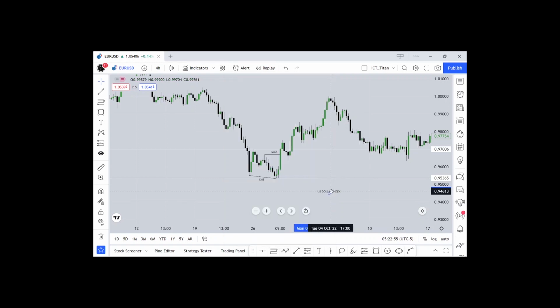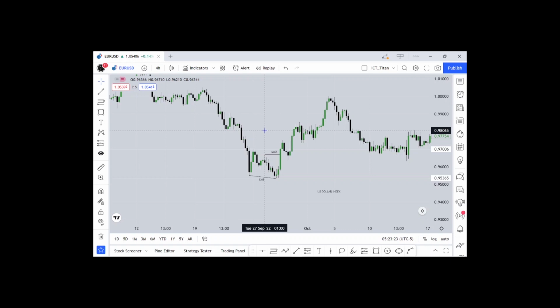And for a confirmation, we want to see a mirror of this. What do I mean? If this is going upwards, a mirror of this will be going upwards. So you want to see a structure opposite to the one here.